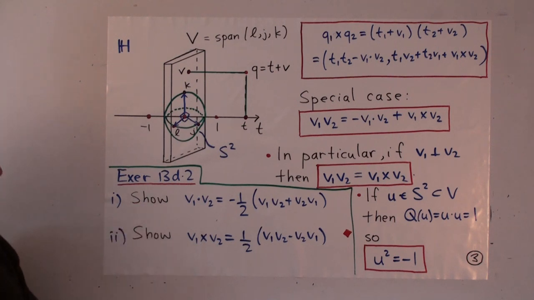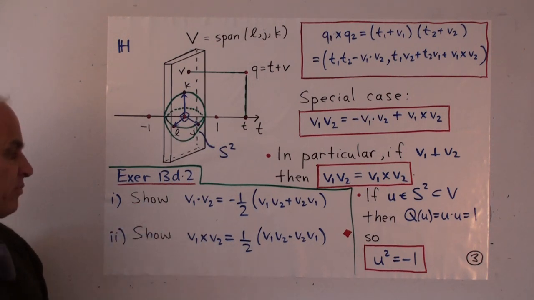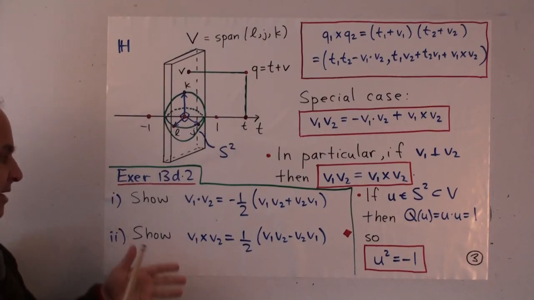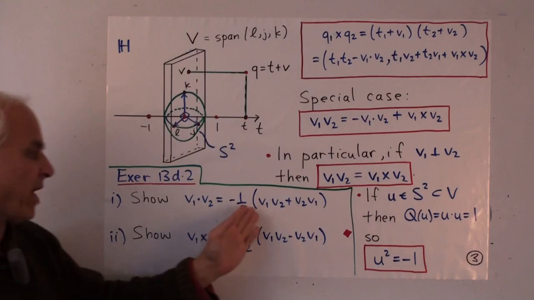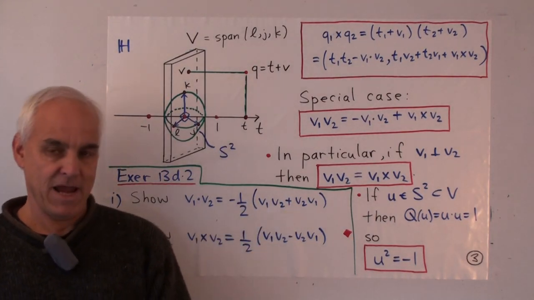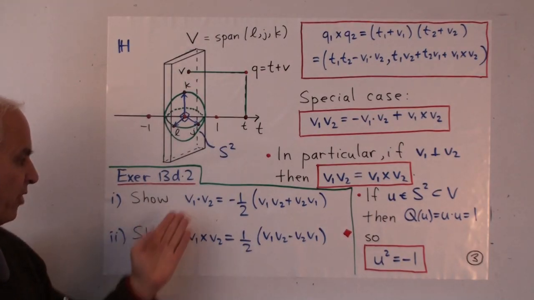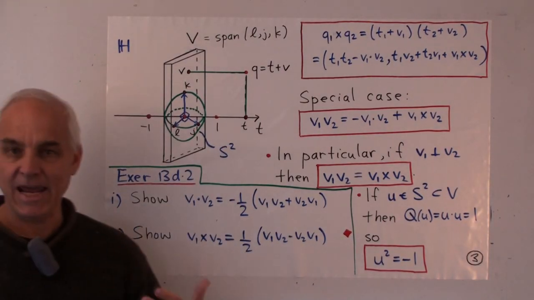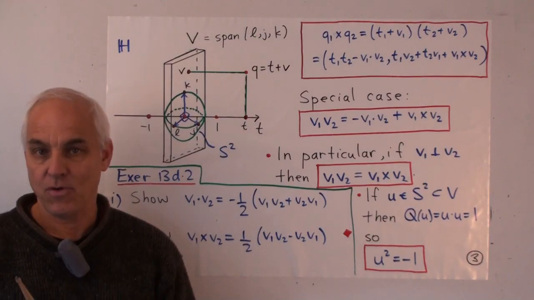Okay, and here's a little exercise for you, just to show that the dot product and the cross product can be rewritten using basically these laws to be expressed in terms of the quaternion multiplication. So strictly speaking, the dot product and the cross product are contained within the arithmetic of the quaternions.